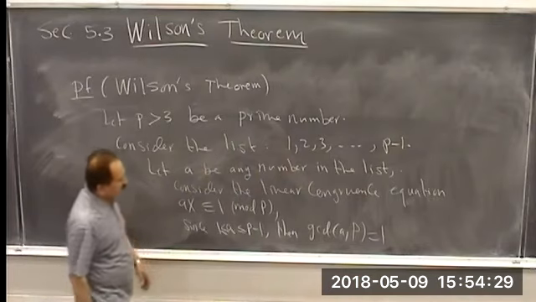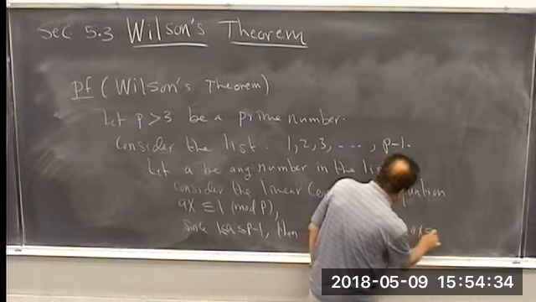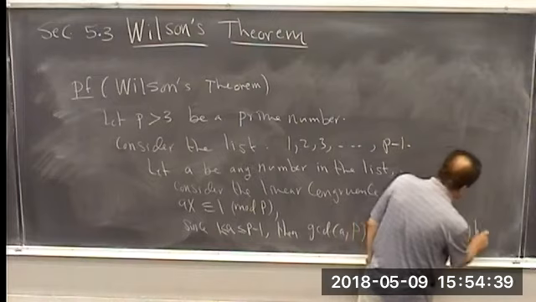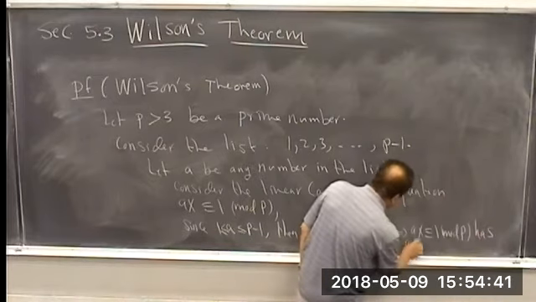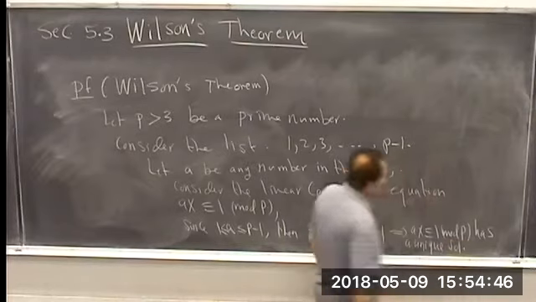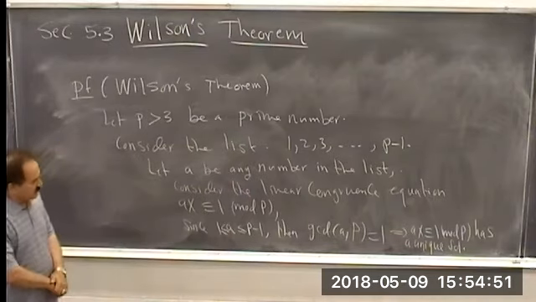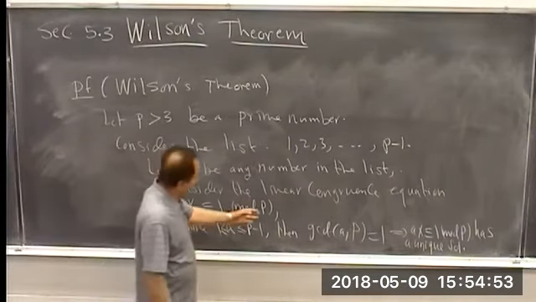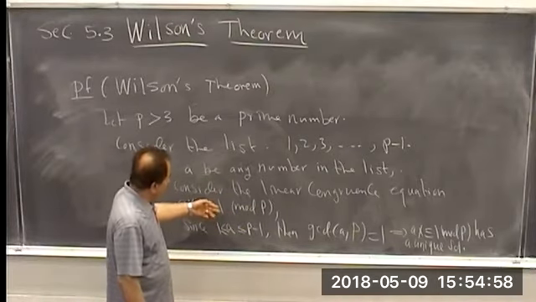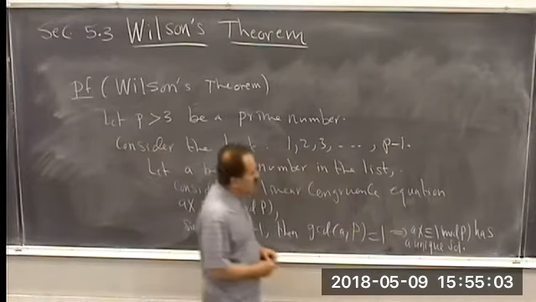So this implies that ax congruent to 1 mod p has a unique solution. All right? This is a sufficient condition for solvability of a linear congruence equation: the greatest common divisor has to divide 1, which is the right-hand side of the congruence equation. Of course, in here it does hold.